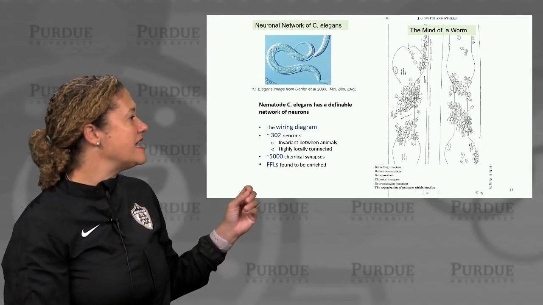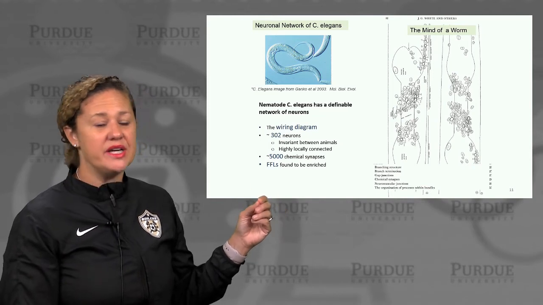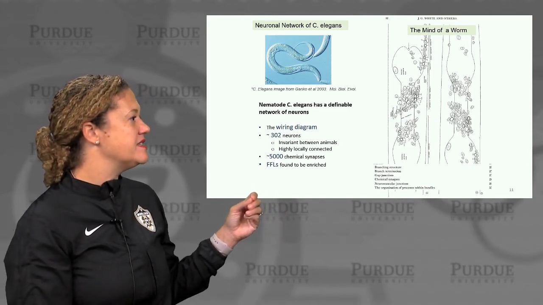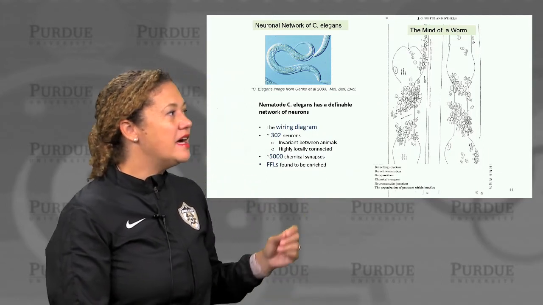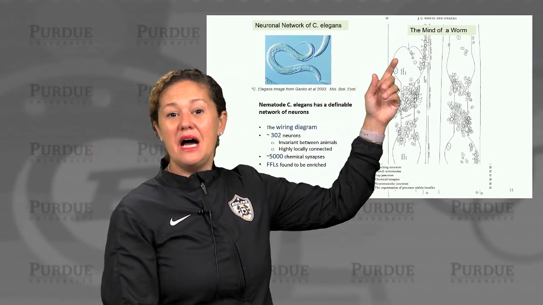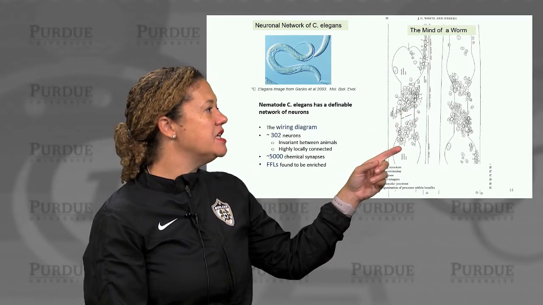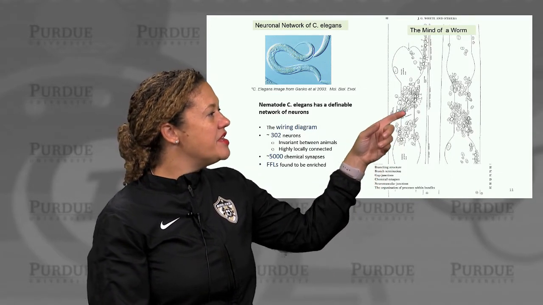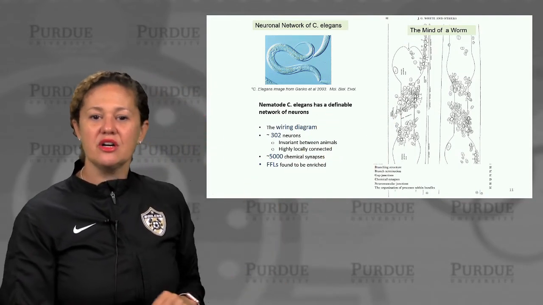In other words, it has a tractable and fairly consistent wiring diagram of its nervous system. And here's a slide from the classic paper looking at basically the mind of a worm and actually mapping this out, the location within the nematode of all of the different neurons as well as how they're connected.